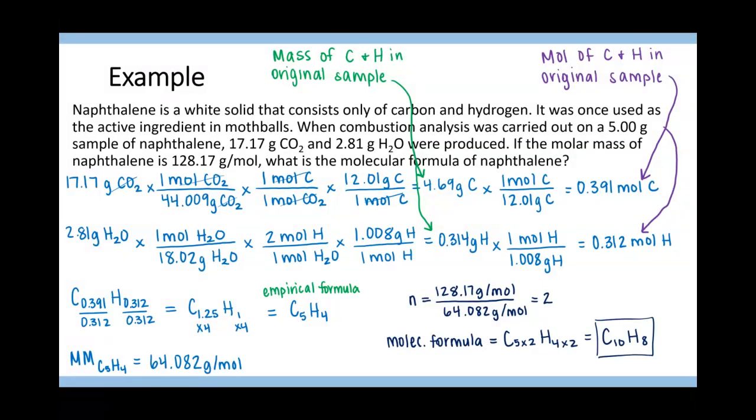We simplify this by dividing by the lowest number, multiplying by an integer to get whole numbers, and then we can determine if the empirical formula is the molecular formula by comparing molar masses. It's not, because the molar mass of the molecule is 2 times the molar mass of the empirical formula. So we have 2 times the amount of carbon, 2 times the amount of hydrogen in the actual molecule. So C10H8.